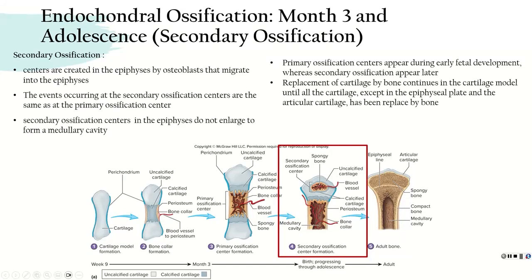Because we have the primary down in the diaphysis region and the secondary in the epiphysis regions. The key here is they don't enlarge, right? Secondary ossifications do not form a medullary cavity, because they're forming trabecular bone that doesn't have that. So the primary ossification centers that form that medullary cavity happen early on, and then the secondary happen. So that's why we have primary and secondary aspects occurring.